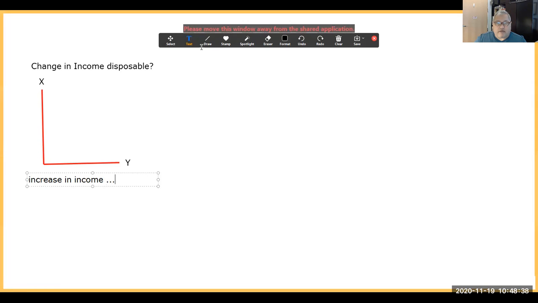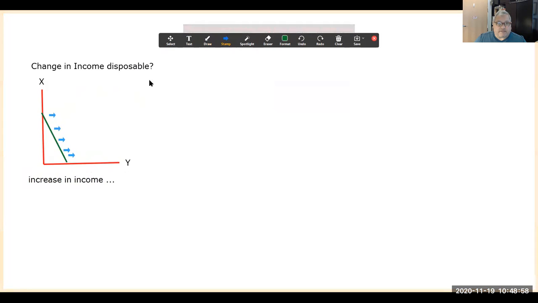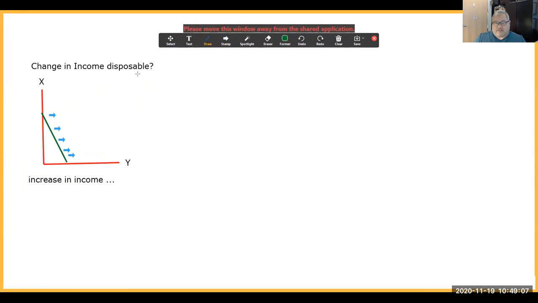An increase in income would have the effect of having more resources available to purchase X and to purchase Y. So if the budget constraint originally looks like this, what would happen is that we would see more income, enabling the consumer to buy more X and more Y. And since the price of X and the price of Y haven't changed, because we're only changing one thing at a time, all else being the same, ceteris paribus, we will end up with a parallel shift outward of the budget constraint.